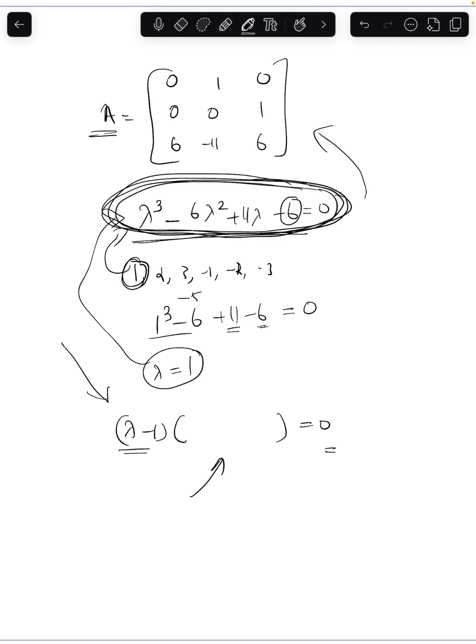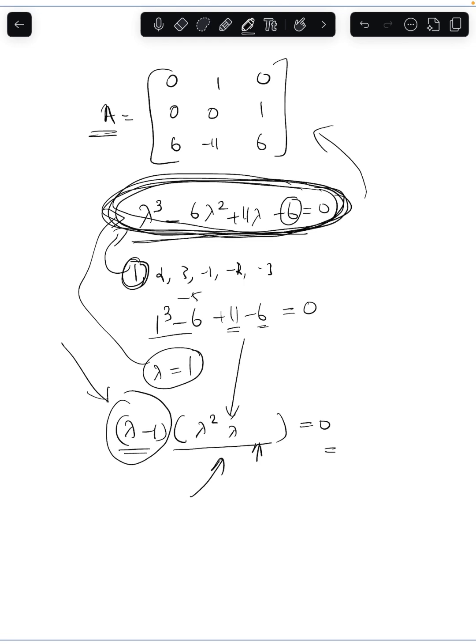Since this is a third degree polynomial equation and lambda minus 1 is a first degree polynomial, the other factor must be a quadratic polynomial: lambda square, lambda, and a constant term.